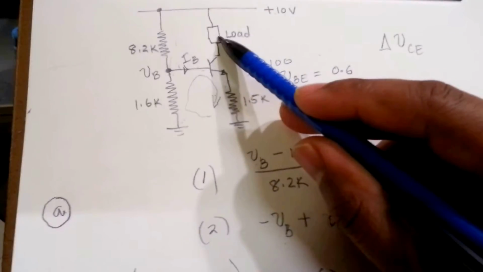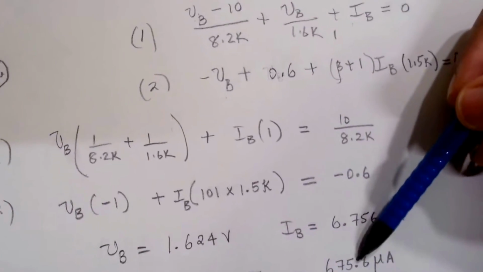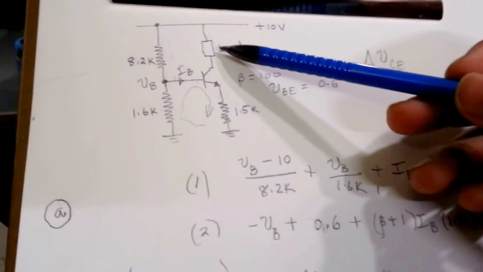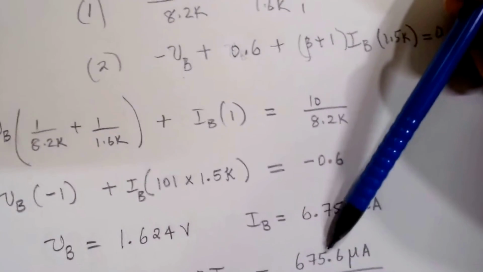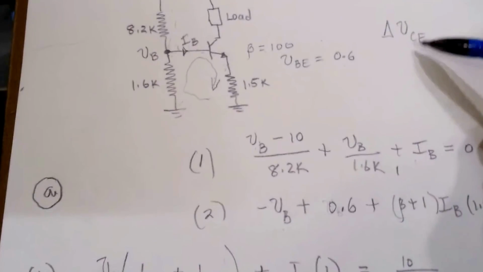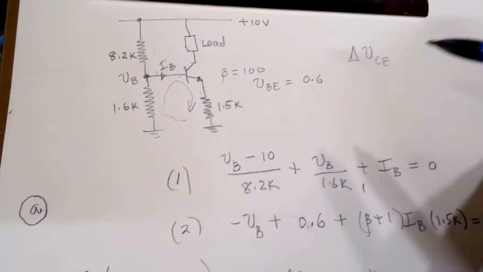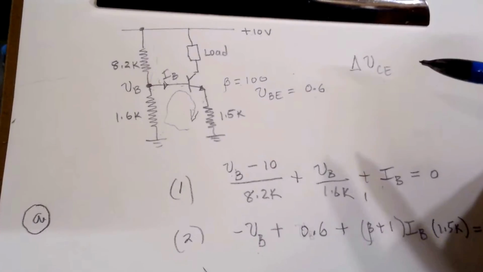If you attach, say, a 1 kilo ohm load, the current that passes through it will still be what we found here. If you attach a 10 kilo ohm load, the current is going to be that much as well, but the voltage will be different, and that is related to the change in VCE. That change in VCE, to maintain the current constant through the load, is called the compliance voltage.